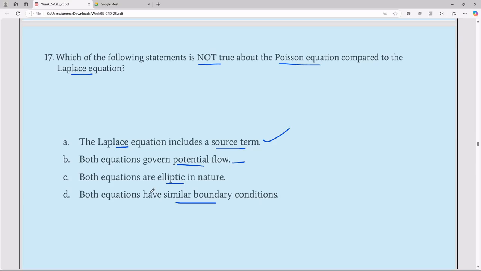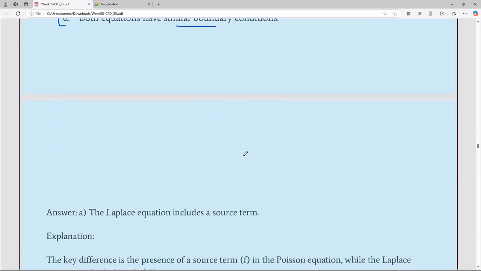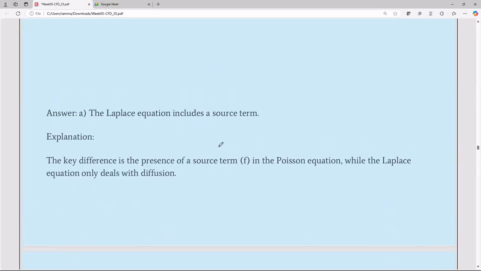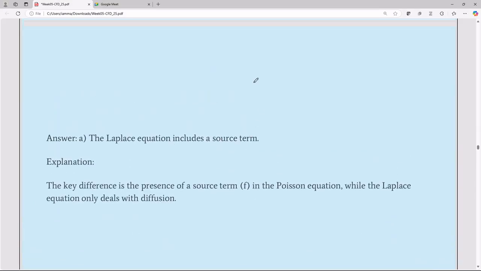Since both are of a similar kind of equation, that is, both are elliptic in nature, obviously their boundary conditions will be similar. So options B, C, and D are true. Our question is to find which is not true, so option A is the right answer, the false statement among the list.